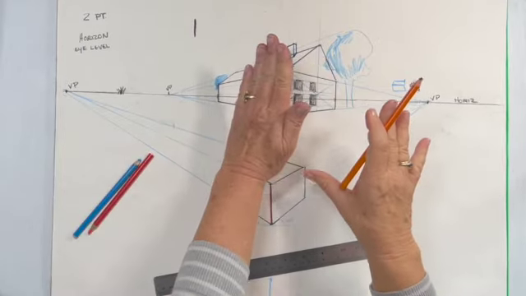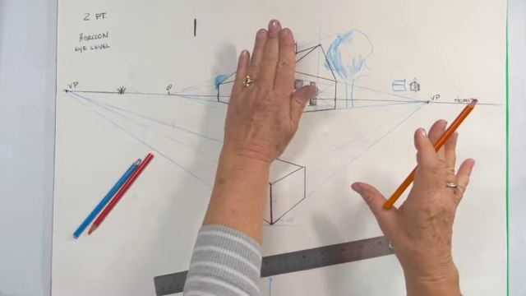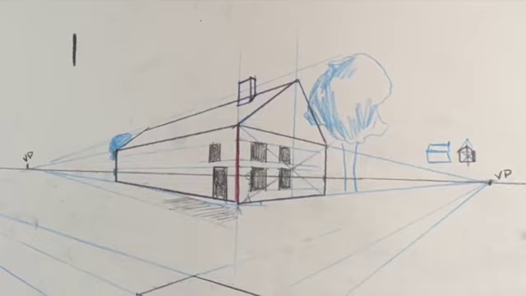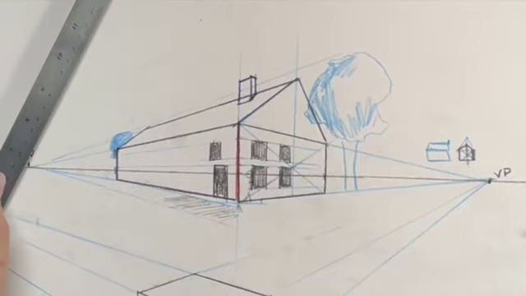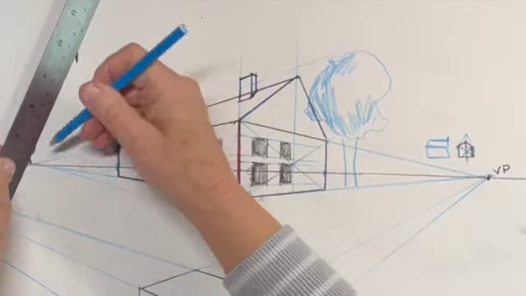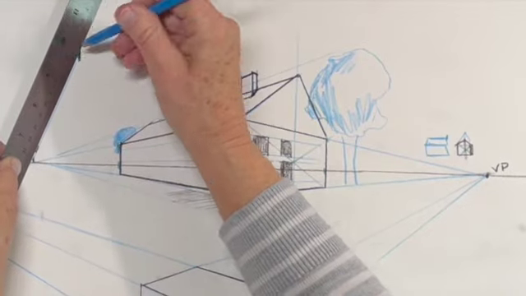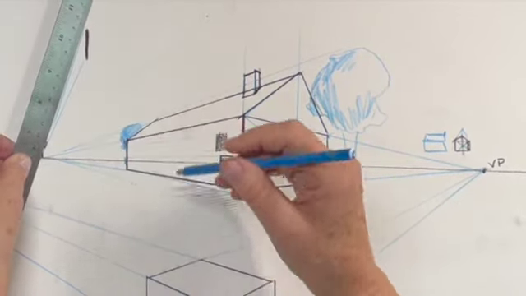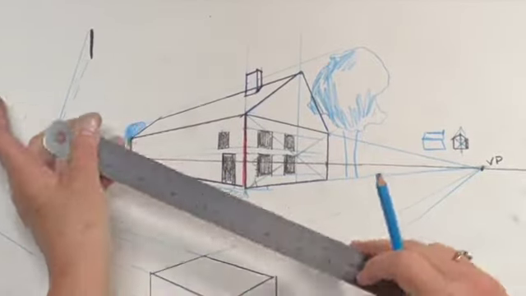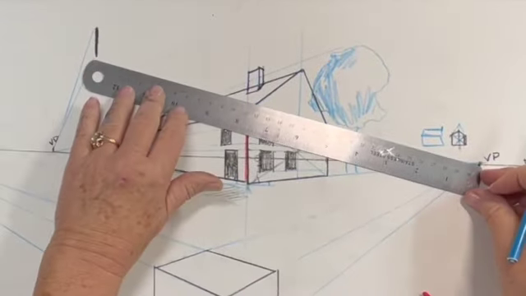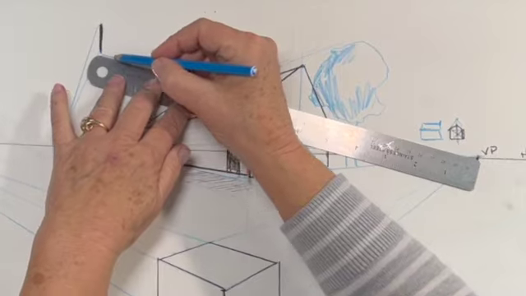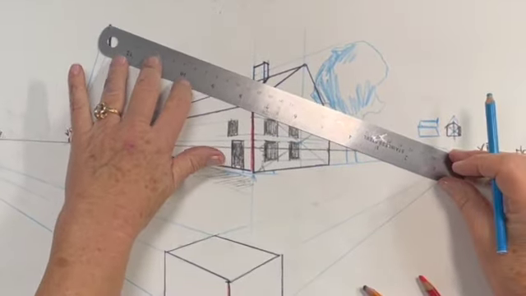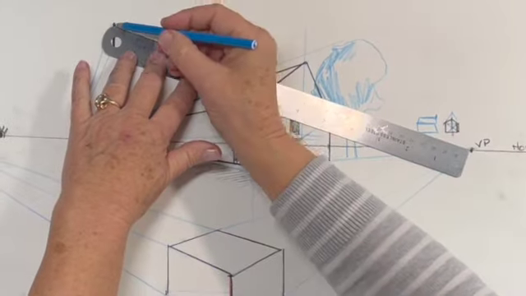Like the front of the birdhouse is exactly at the same angle as the front of the house. That means the base of the birdhouse has to go to the same vanishing points. Same vanishing point here for the left side, and the same vanishing point here for the right side. And that would go all the way over to that, and all the way over to that.